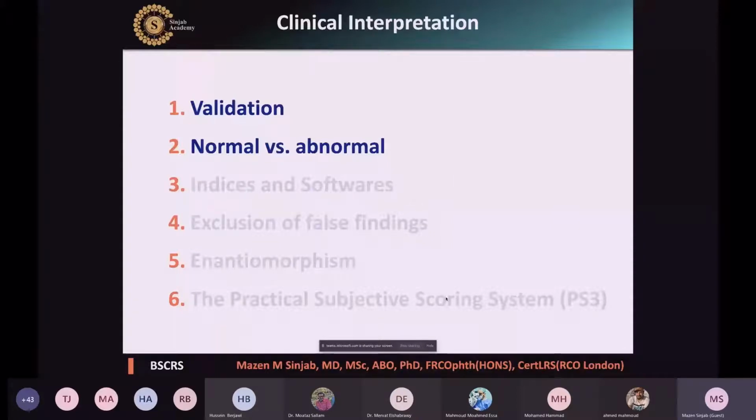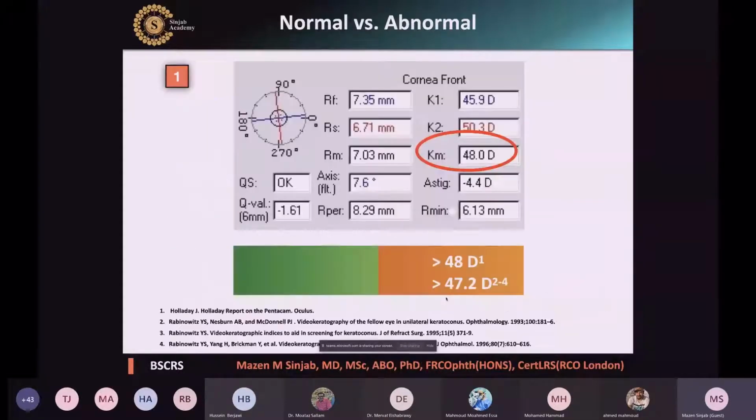Regarding normal versus abnormal, I'm going to show you now the evidence-based values, which depend on references. For the KM, or the mean K, or the average K on the anterior corneal surface, the K reading should be less than 48.